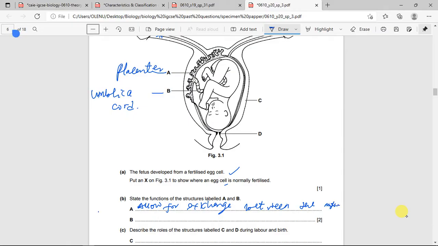Then B helps to carry blood from the fetus to the placenta.